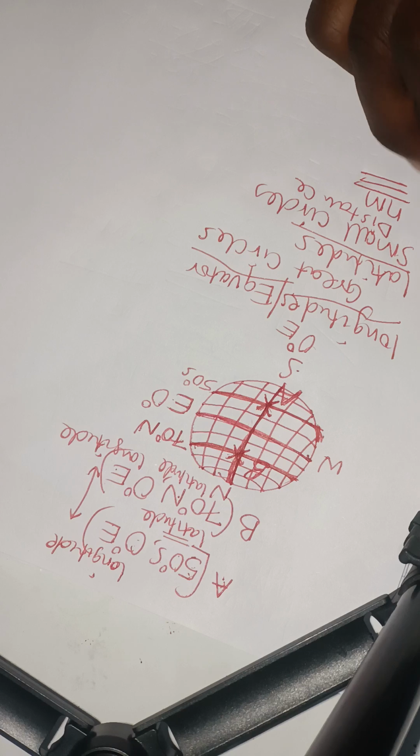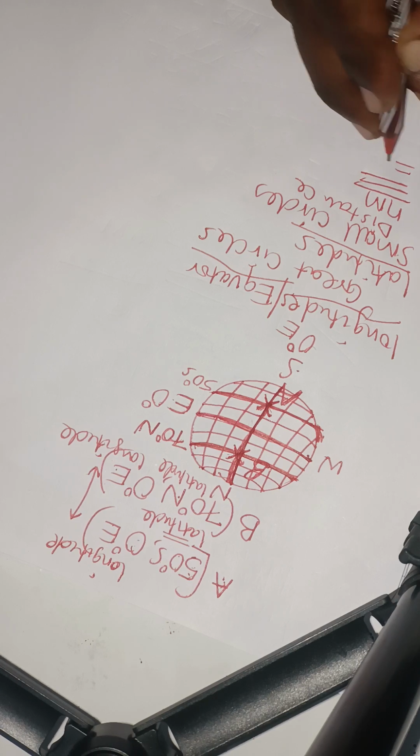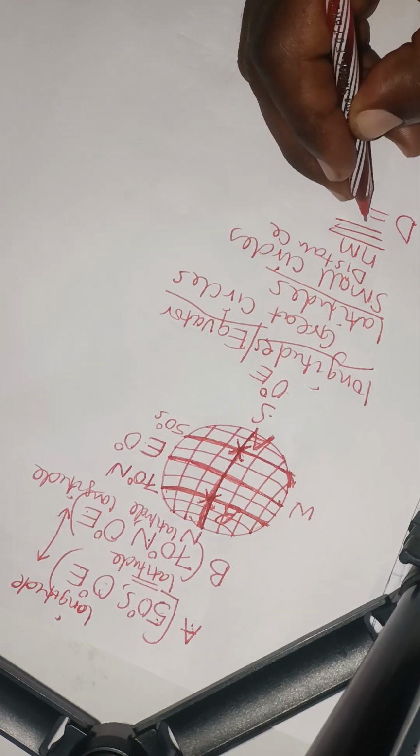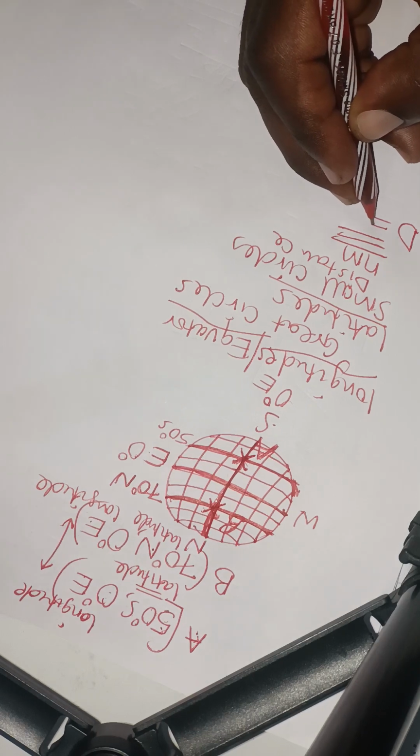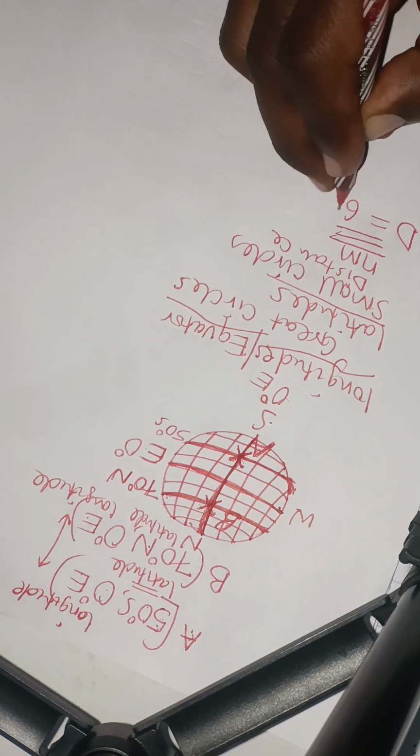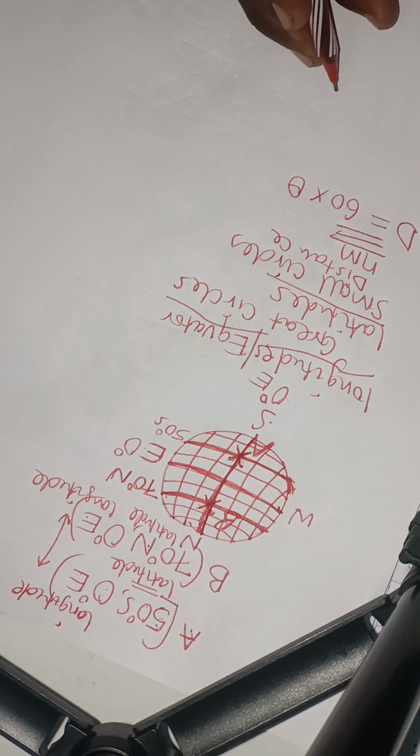Distance is equal to 60 times theta. That is the formula of getting the distance in nautical miles between 2 points lying on a longitude, or on a great circle.